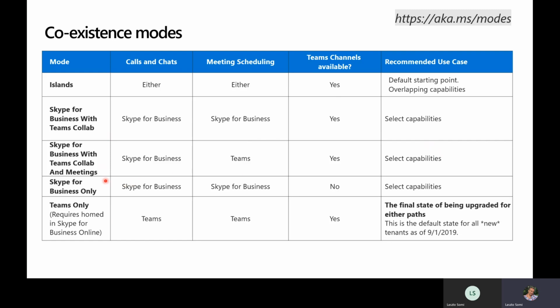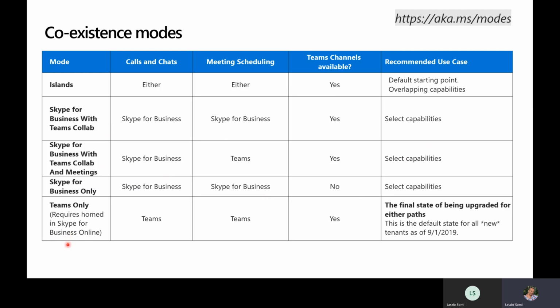Skype for Business only is a special scenario for those users who are not going to get licensed for Teams, but we want to make sure that routing works well for these users. So assigning this mode, chats and calls remain in Skype for Business. Meeting scheduling remains in Skype for Business for the users. They don't have Teams and channels. Also aligned to the select capabilities method.